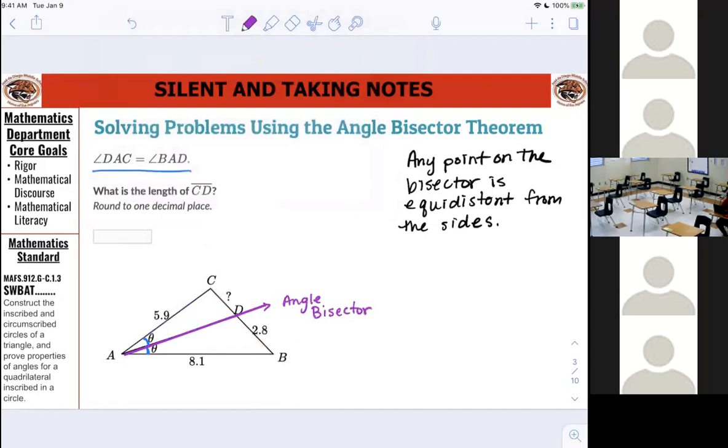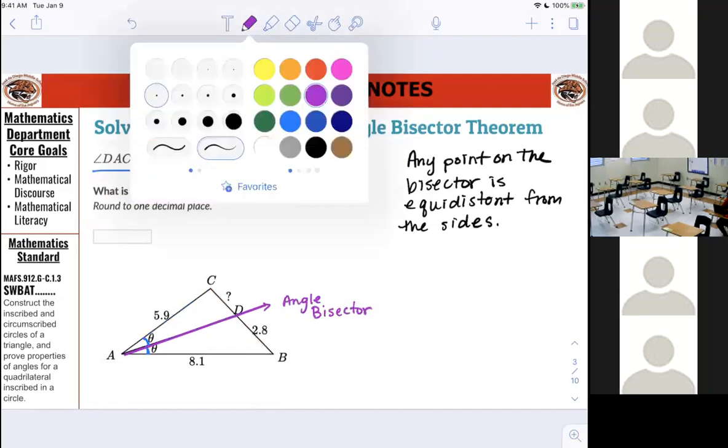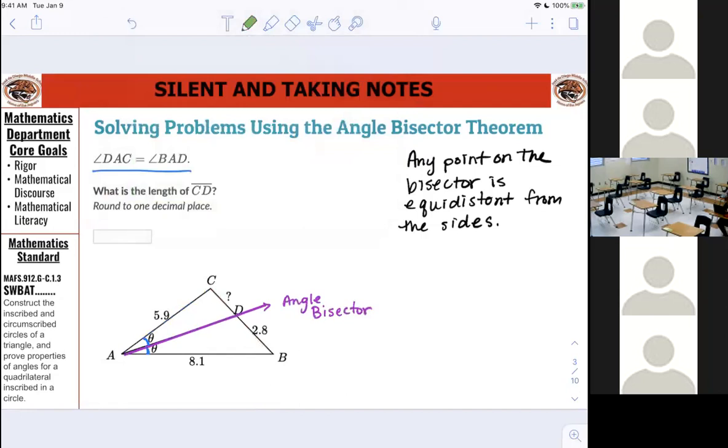So what we can actually do, because this is an angle bisector, is set up a little equation, and I'll show you exactly what it is. This bisector created two triangles, right? I kind of have a triangle on top and a triangle underneath.